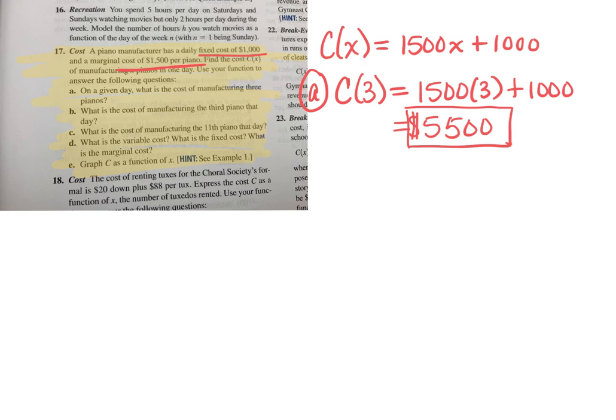Row 1, you're up. Row 1, part B. What is the cost of manufacturing the third piano that day? Yes. Wouldn't it still just be 1,500? Why? Because the amount per piano doesn't change. How many you make is what's changing. Say it one more time. The price per piano doesn't change. Right. The price per piano doesn't change.